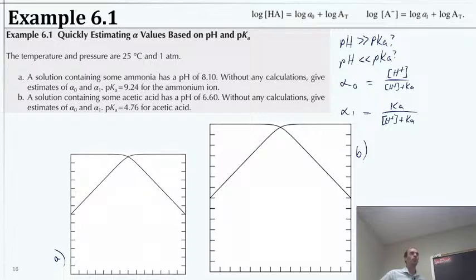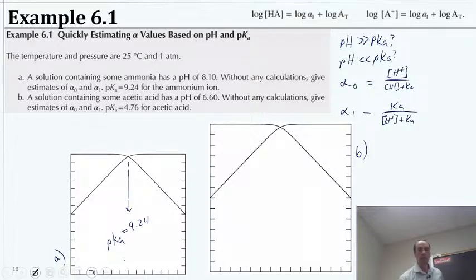Okay. So can you guys, let's take the first one, right? So solution A. I'm going to label the pKa on both. So pKa equals 9.24. And we know the pKa is here, right?